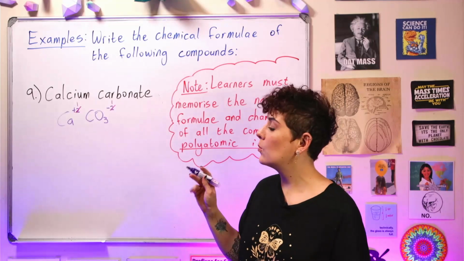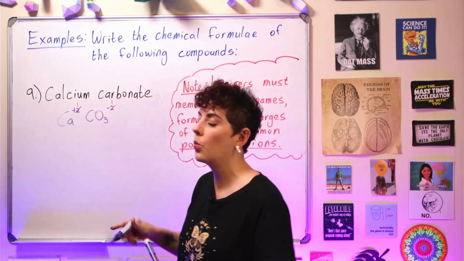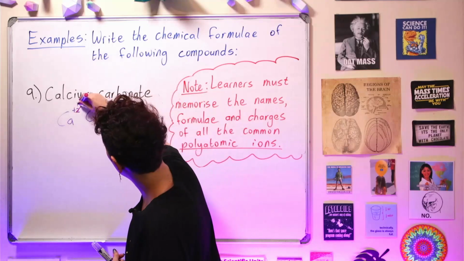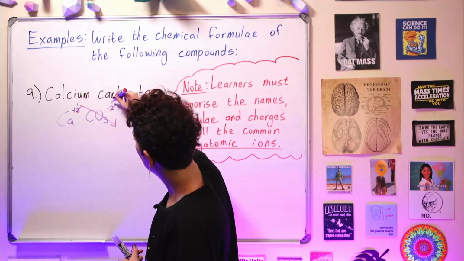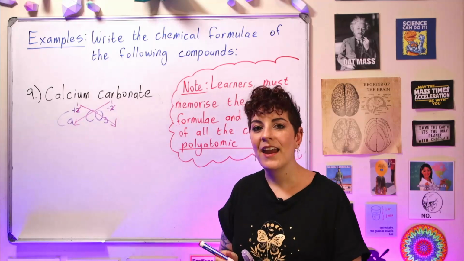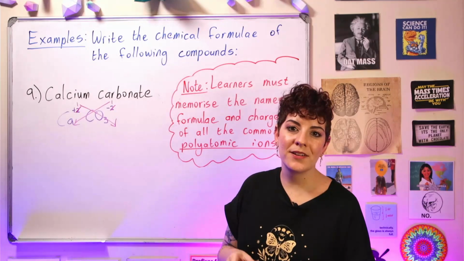So the formula will not have a bracket in this case because we're only going to land up with 1 carbonate ion. So you're going to cross those numbers over, the 1 to the carbonate side, this one also crossed over to the calcium side, and there's only 1 carbonate ion, so we don't put it in a bracket.